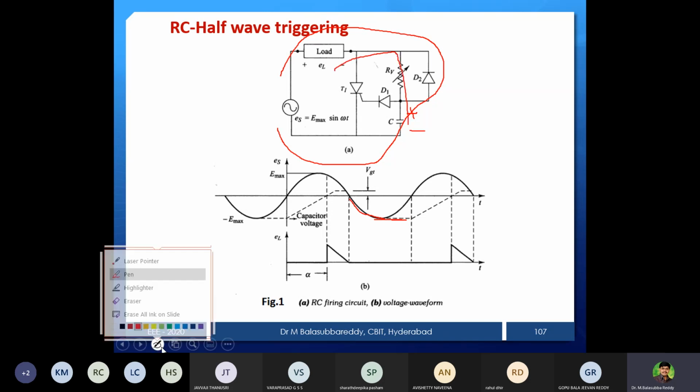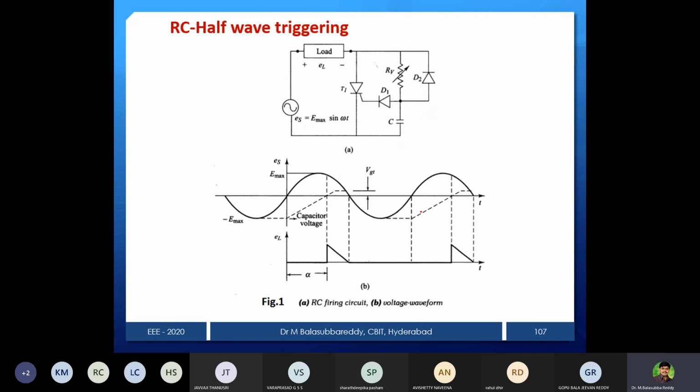Then the question is, how to vary the conduction angle, or alpha, the delay angle. This alpha is the time we get to trigger the SCR. Now I want to increase or decrease that alpha value.